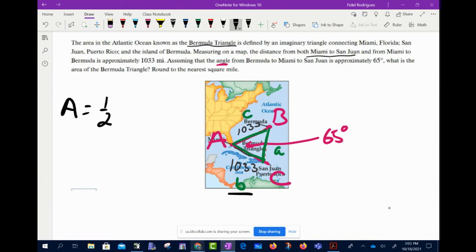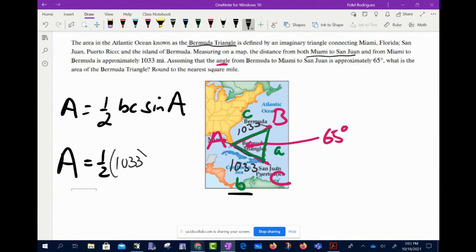What sides do we have? We have B and C times the sine of angle A. So the area is 1/2, 1033 times another 1033 times the sine of 65 degrees.